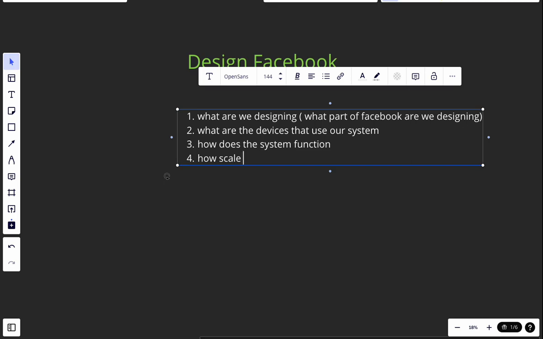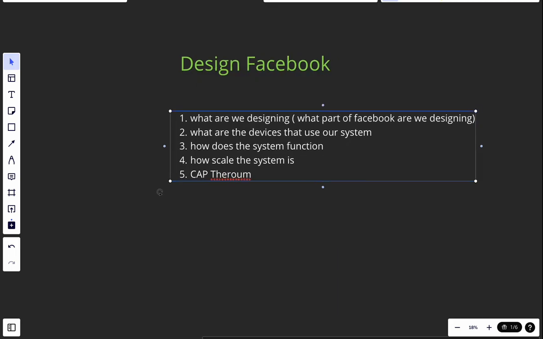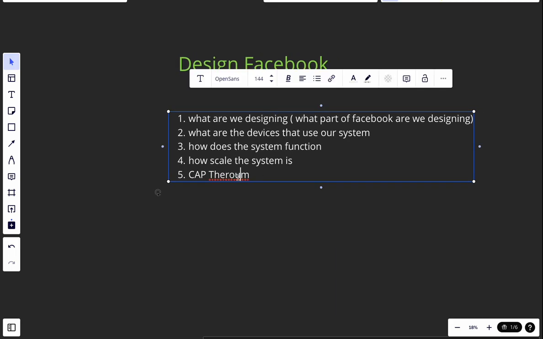And the last one is that we will ask a question about the CAP theorem. We'll ask a question about the CAP theorem.